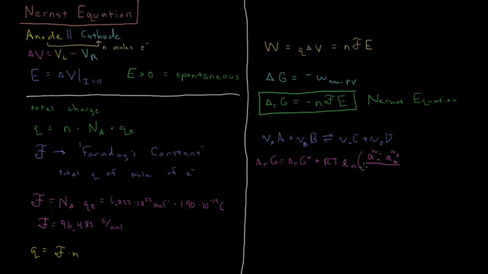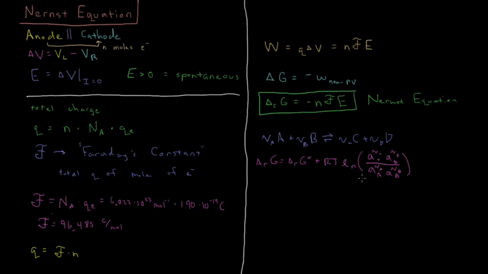Remember, activity is kind of like a metric of concentration, but more directly related to the Gibbs energy. At very dilute concentrations, activity and concentration are the same. So we have activity of the products to their stoichiometric coefficients divided by activity of the reactants to their stoichiometric coefficients.